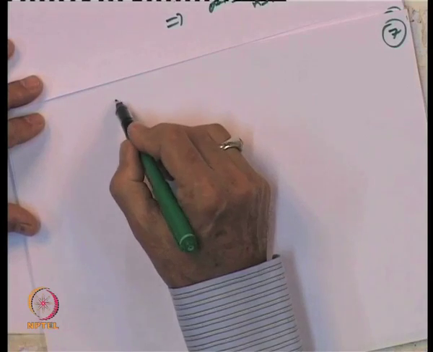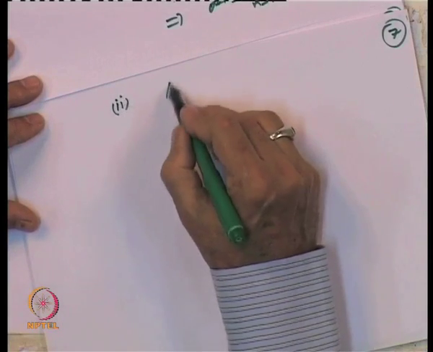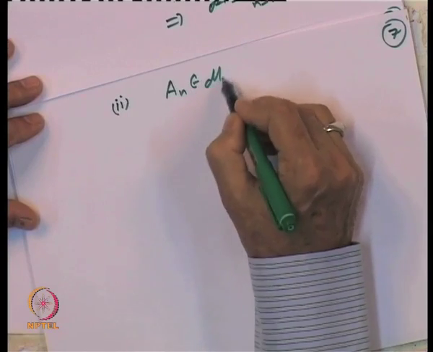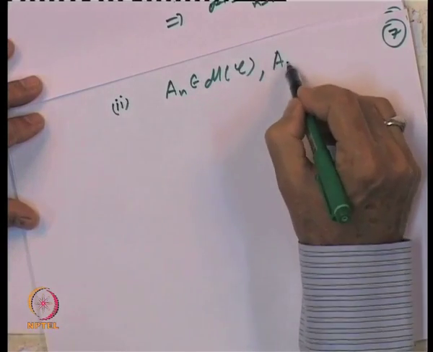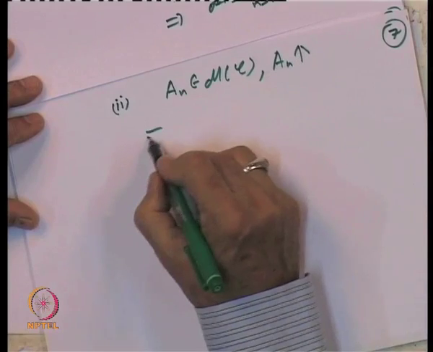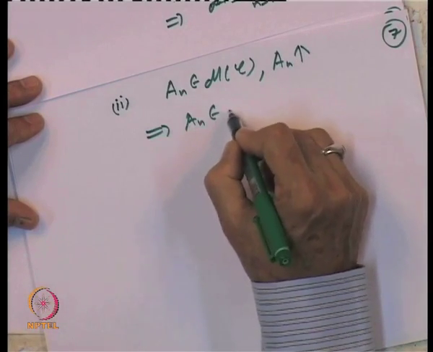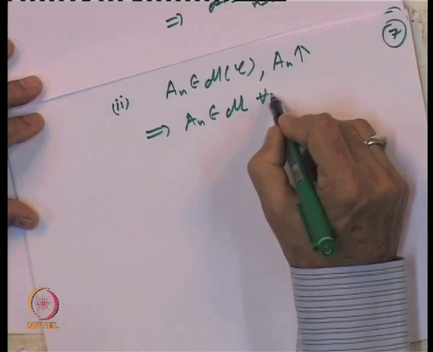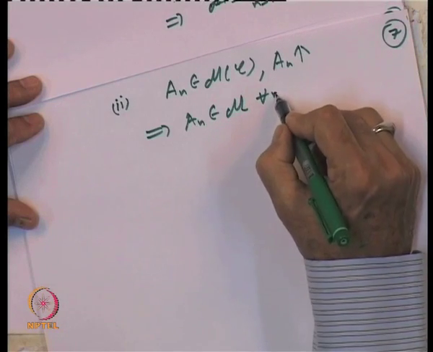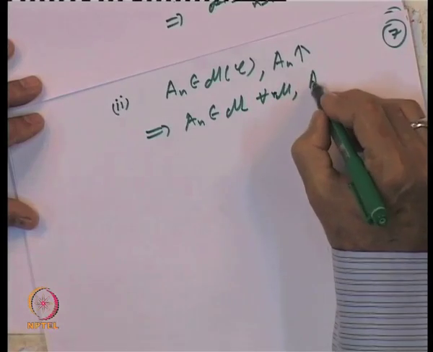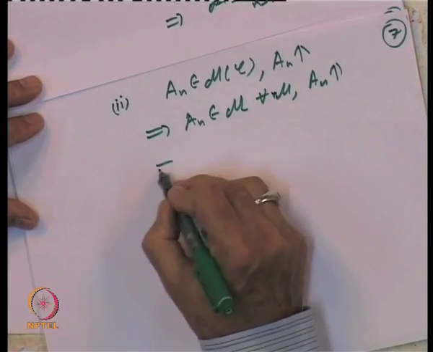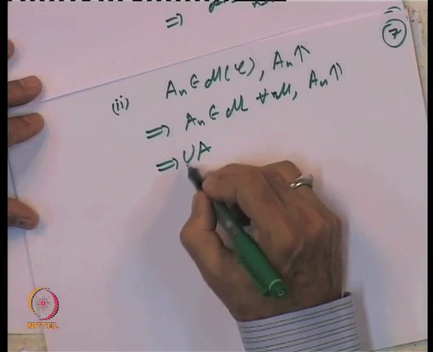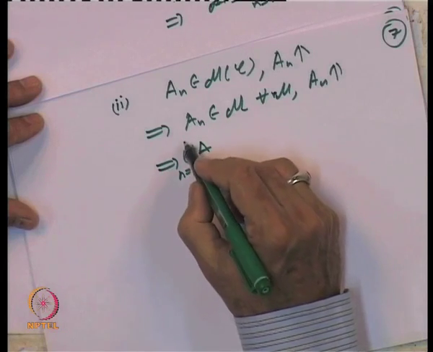So, let us look at the second part. A n's belong to M of C and A n's are increasing. That implies A n's belong to M for every M, and A n is increasing. That means the union of A n's belongs to M, because each M is a monotone class.